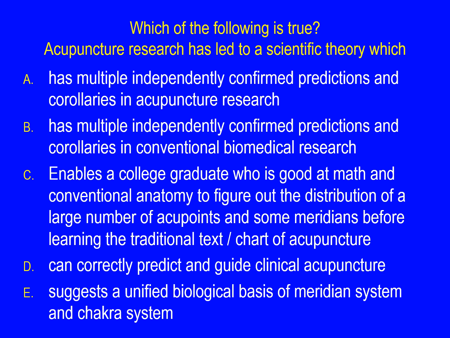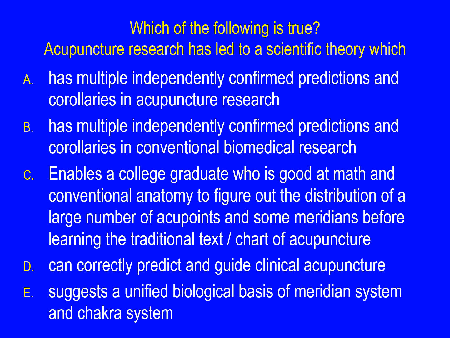Choice C is that it enables a college graduate who is good at math and conventional anatomy to figure out the distribution of a large number of acupuncture points and some meridians before learning the traditional text or chart of acupuncture. Choice D is that it can correctly predict and guide clinical acupuncture.